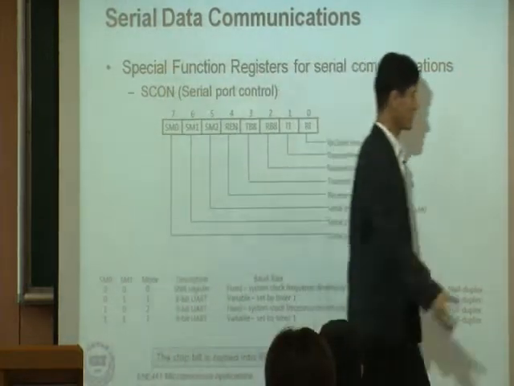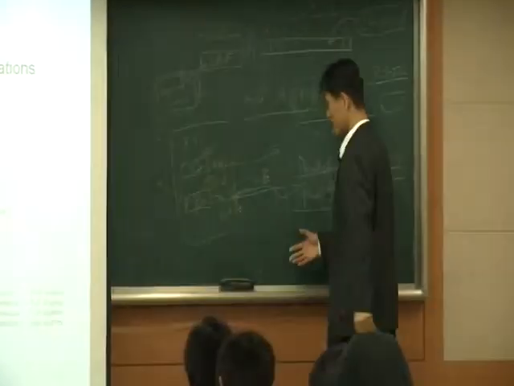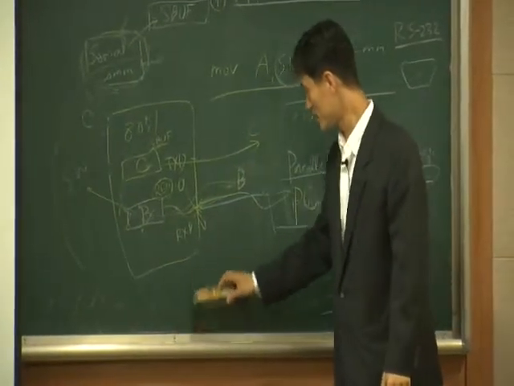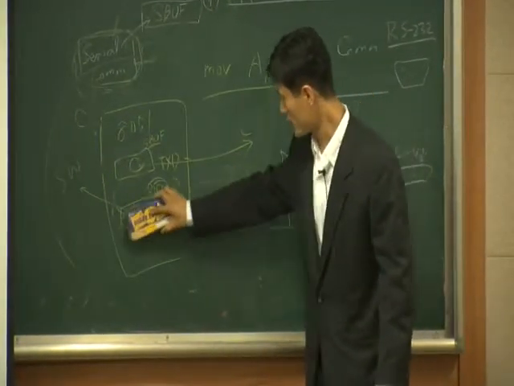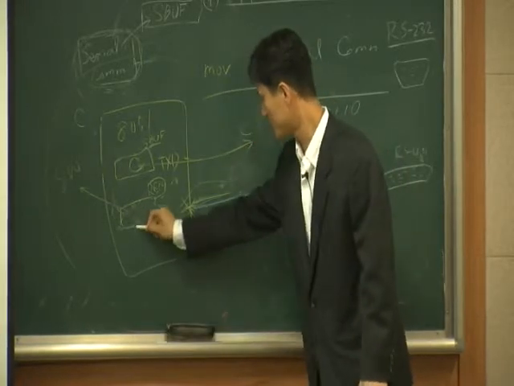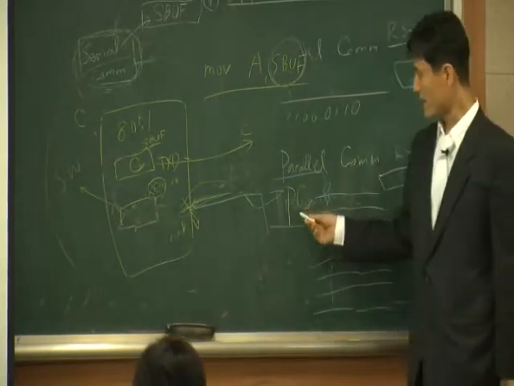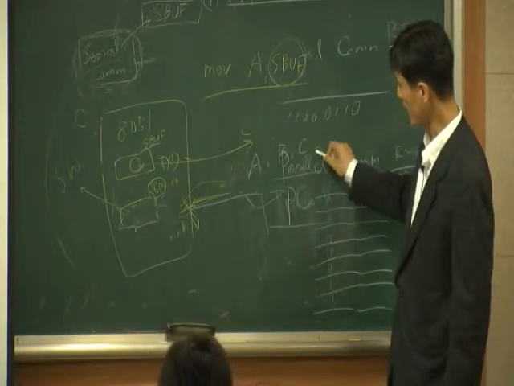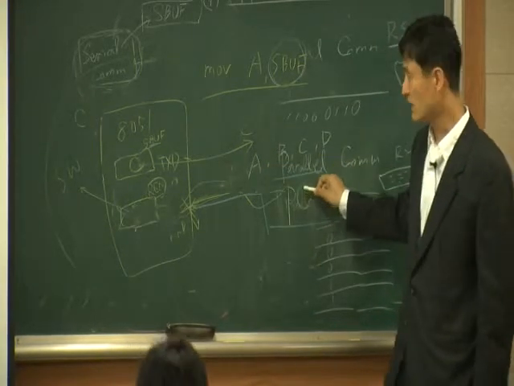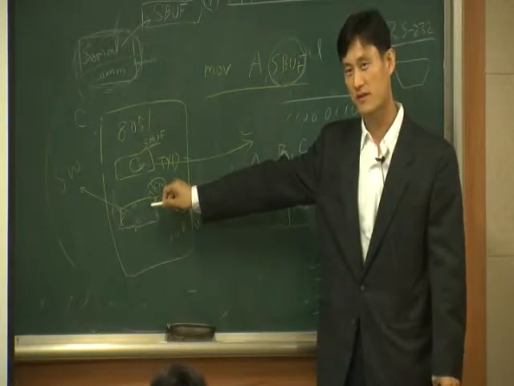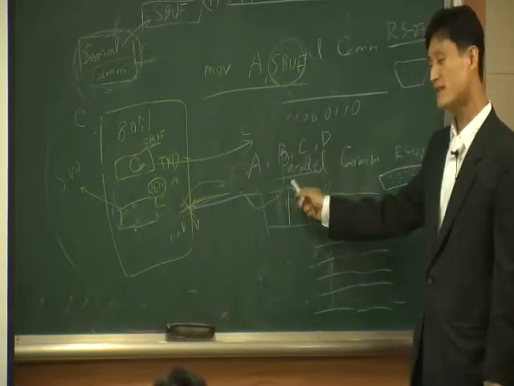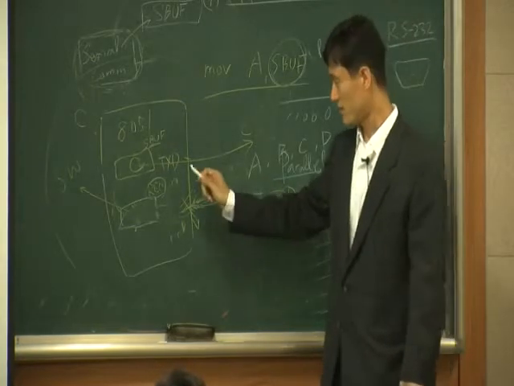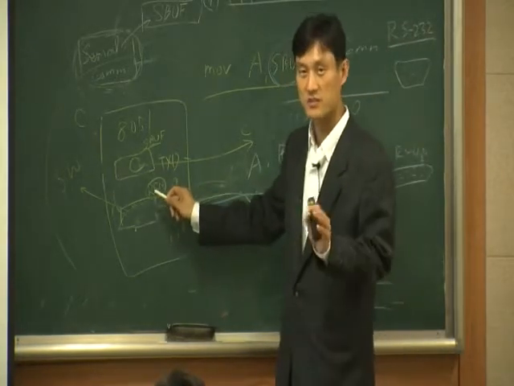Let me simply explain here. Going back to this figure, and to my previous example, let's say I want to transmit A, B, C, D from PC to my processor. In my PC, I'm transmitting A first, assuming that the receiver is enabled.